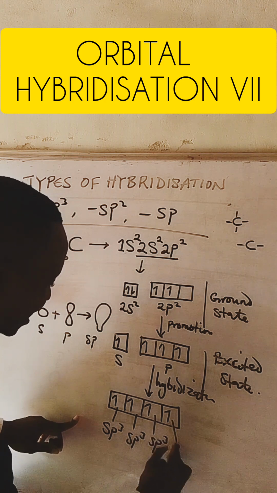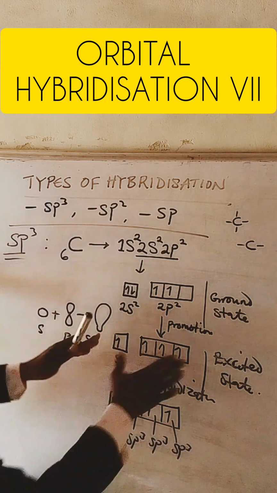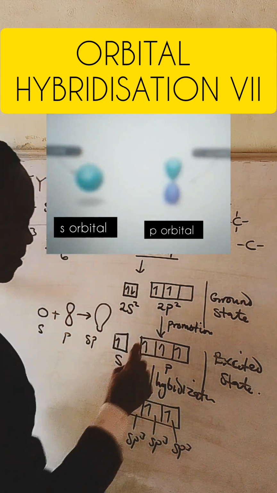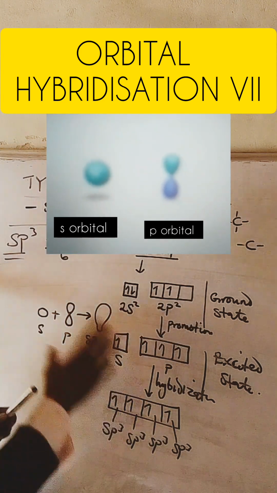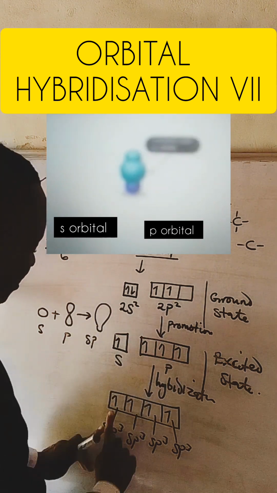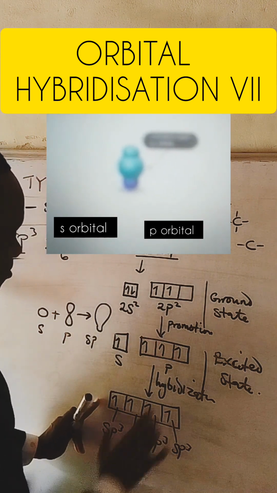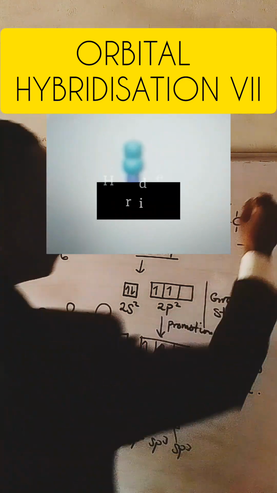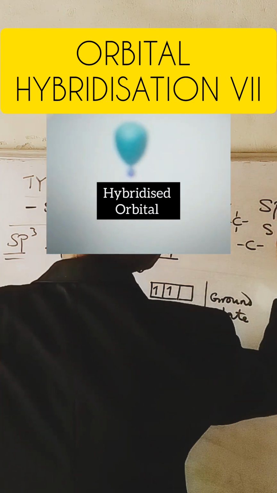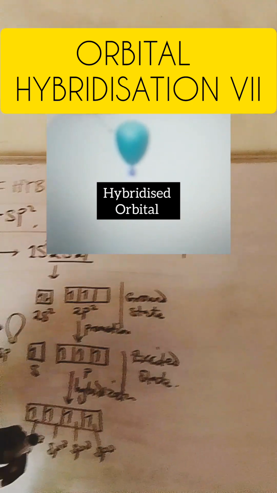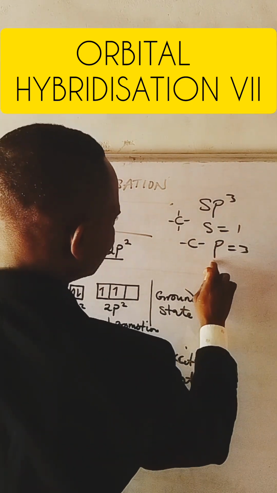Why sp3? Because when you mix these two, this s will also show its character, and the 3 p will show their character. But at the end of the day, the character of these sp3 hybrid orbitals will be more of p because p is more in number. sp3. S is 1 orbital. P is 3 orbitals.